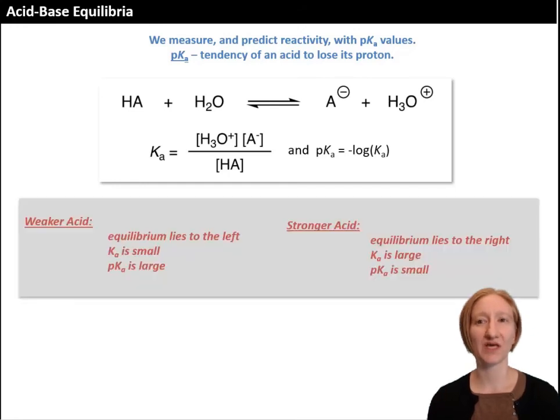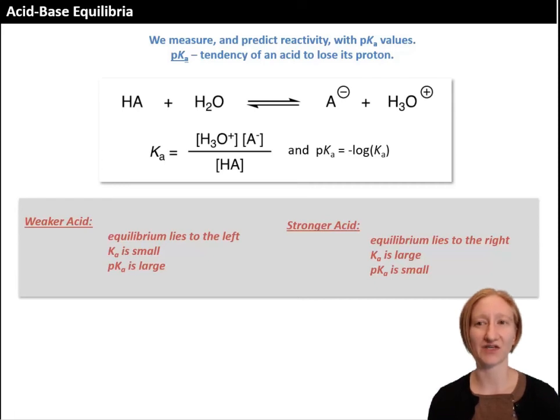Because the pKa is the negative log of the equilibrium constant, a larger pKa describes a weaker acid. A smaller pKa describes a stronger acid. So always remember where these values come from. If the equilibrium lies to the left, that means the acid doesn't readily dissociate.